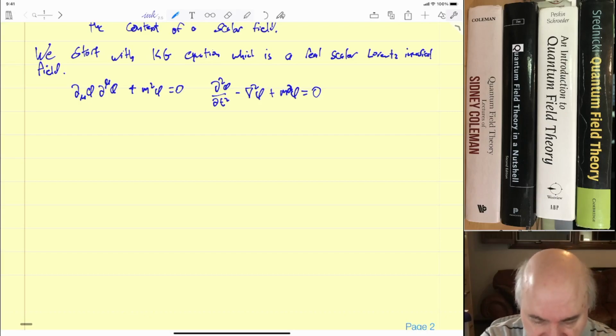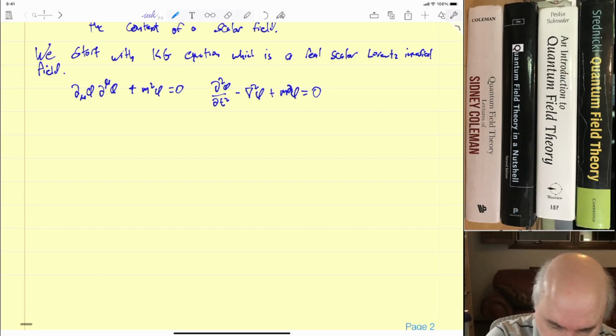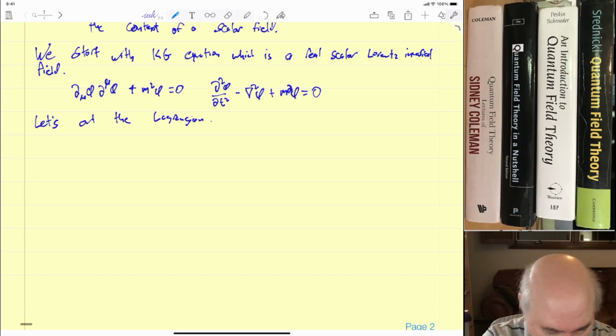Now, we already have the Lagrangian for this field, and that's what we need, but I'm just going to work backwards. Pretend we don't know the Lagrangian. And you can do this for a lot of theories. It's just going backwards.